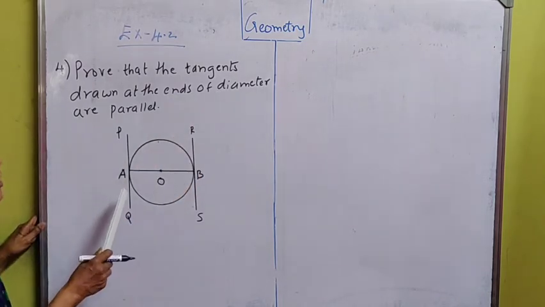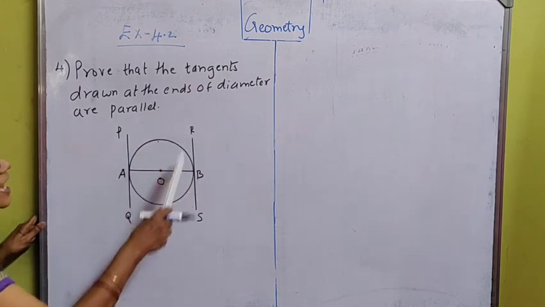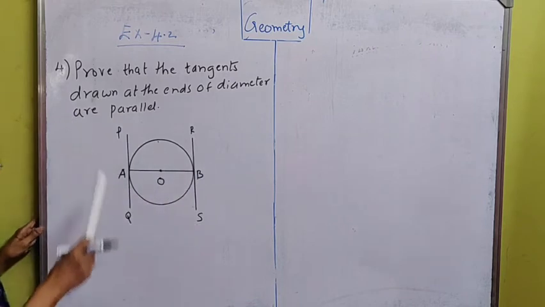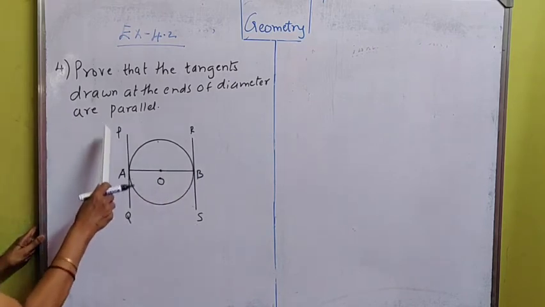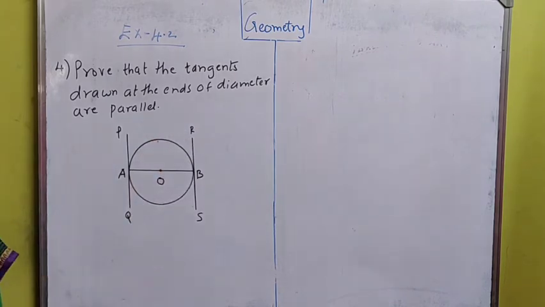To the end points, the tangents PQ and RS are drawn, where A is the point of contact for tangent PQ and B is the point of contact for tangent RS. What you have to prove is that PQ is parallel to RS.